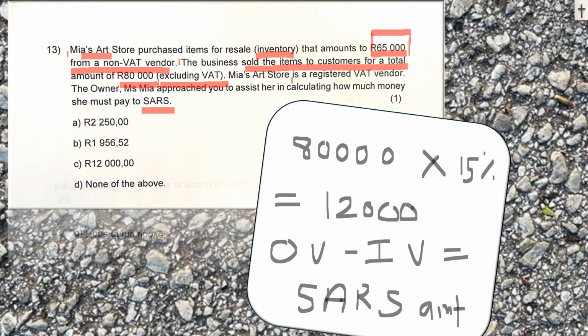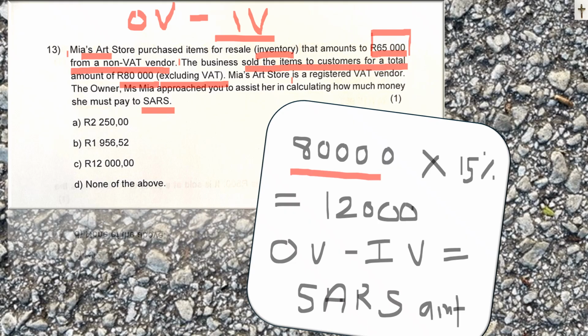What a vendor pays to SARS is output VAT minus input VAT. Now we have established that Mia cannot claim input VAT because she bought from a non-VAT vendor. But she's VAT registered. She has to charge VAT according to tax laws.